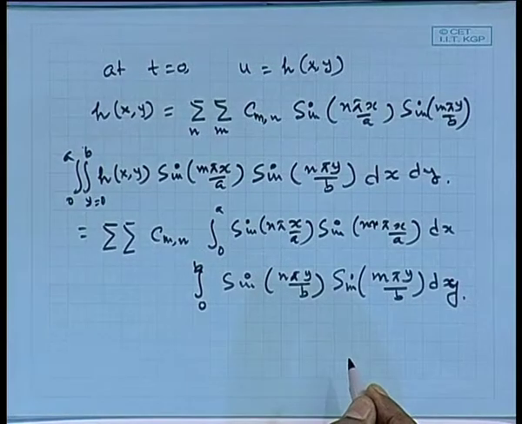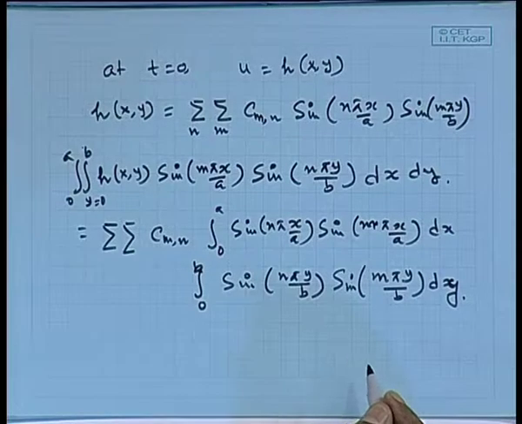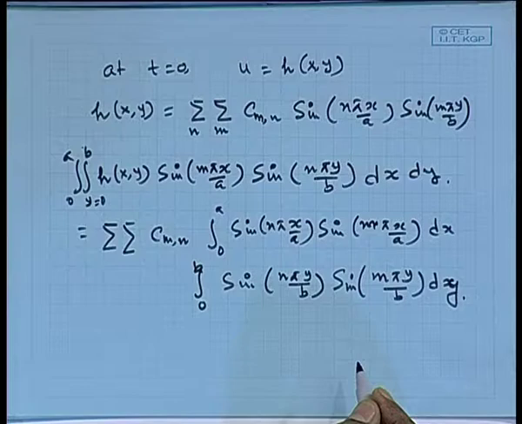I multiply both sides by the double integration of sin m pi x by a and sin n pi y by b dx dy.